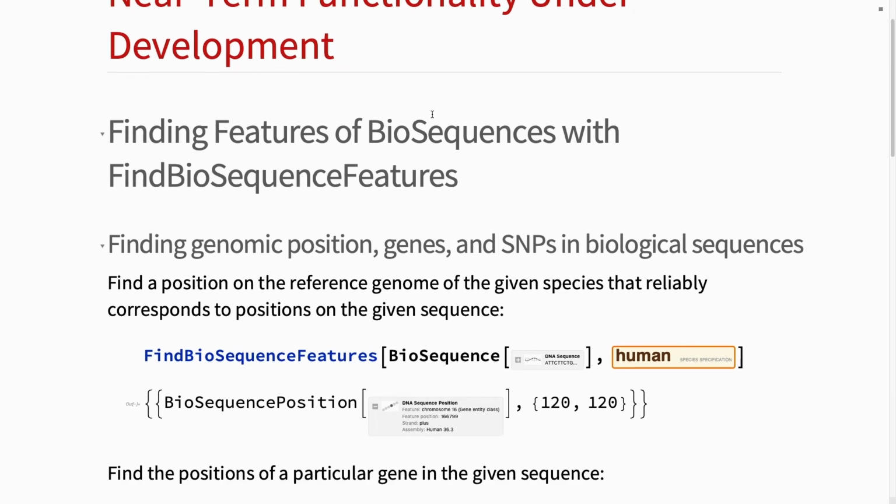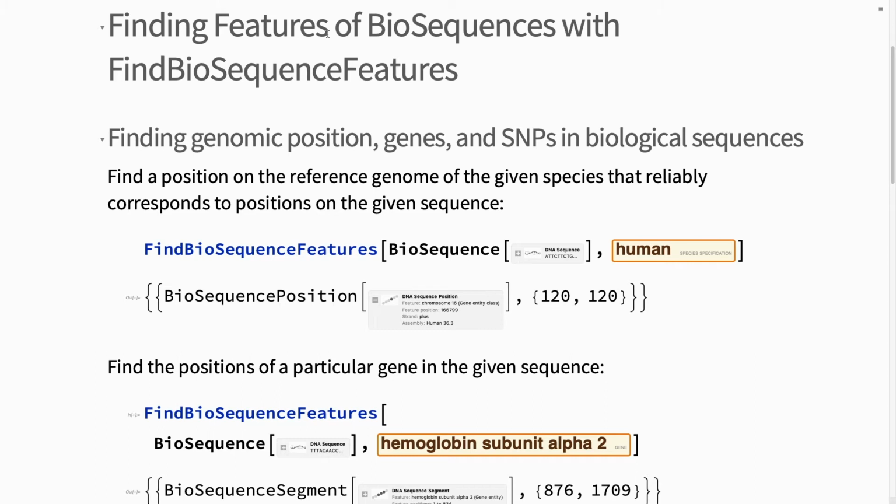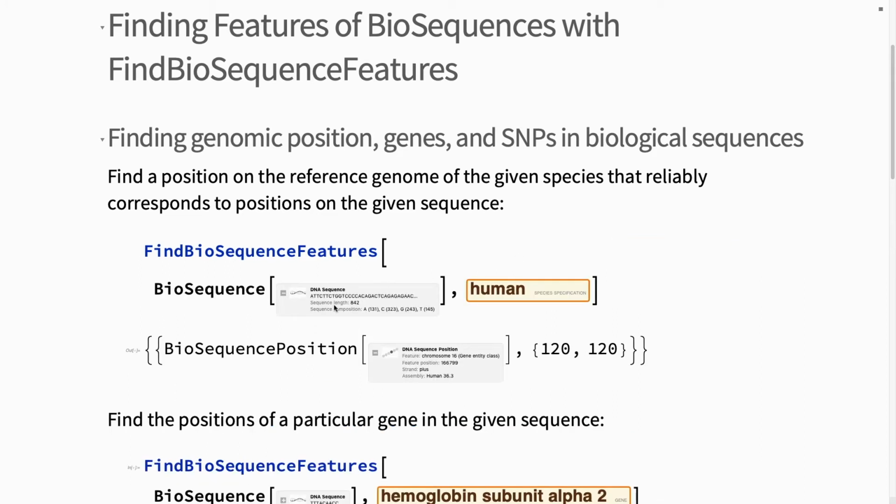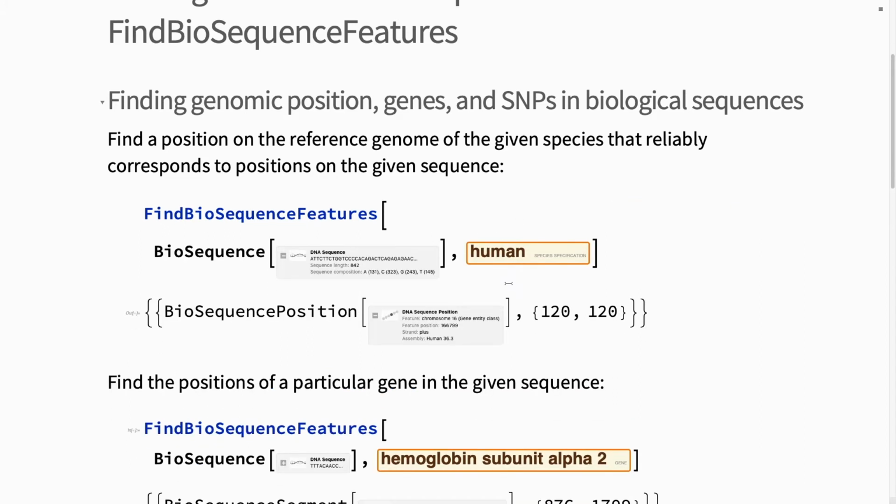Supposing you have a biosequence and you'd like to find some information about it or some features within it, you can do that with FindBioSequenceFeatures. Here's an example where we say, here's some arbitrary sequence. We don't know what it is. We don't really have any information about it. We're going to say, where could that be on the human genome?